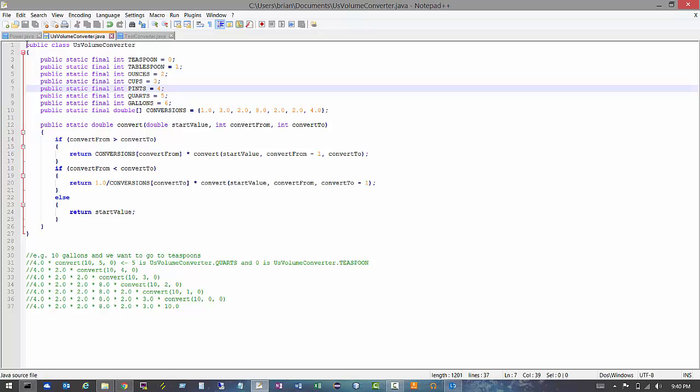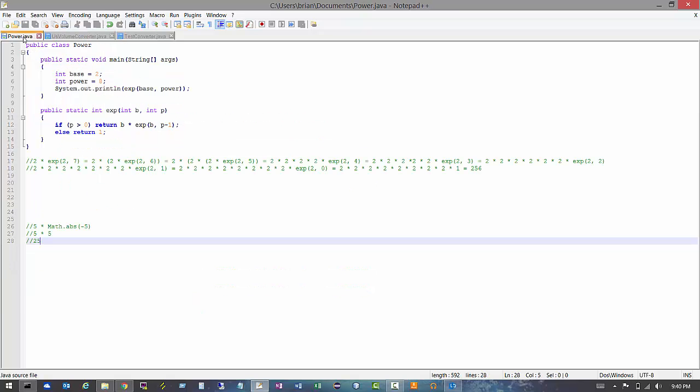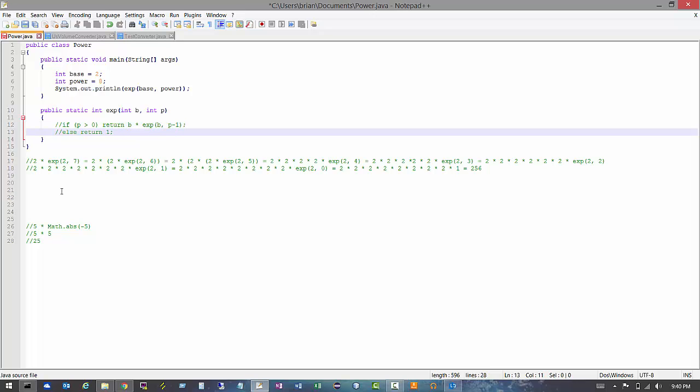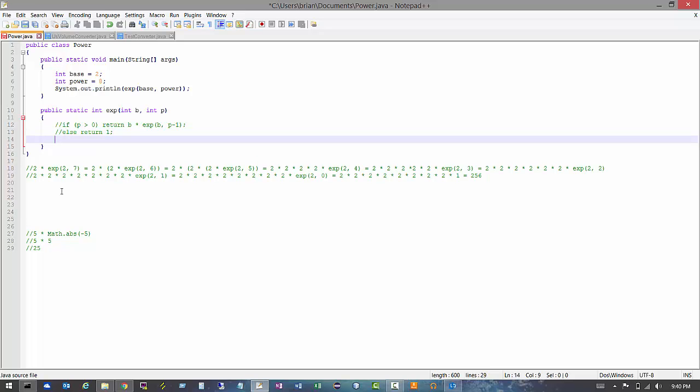Now, one thing I talked about briefly in class on Wednesday but didn't get to, I'm going to show on this power example. Some folks may have seen this in their CIT 130 class. There's a special thing called a ternary operator in Java.